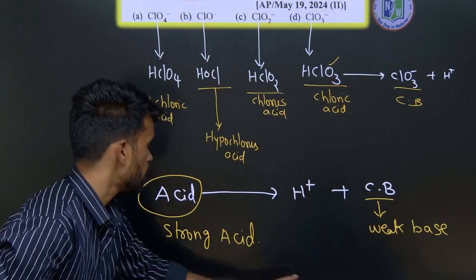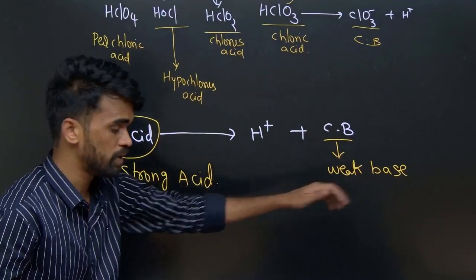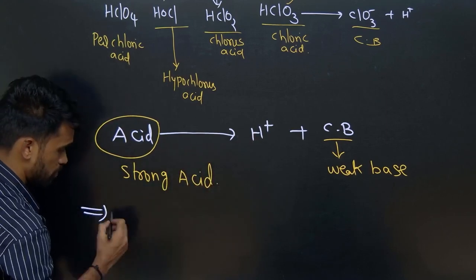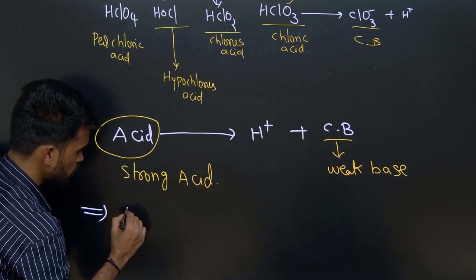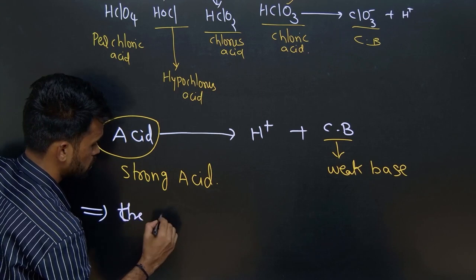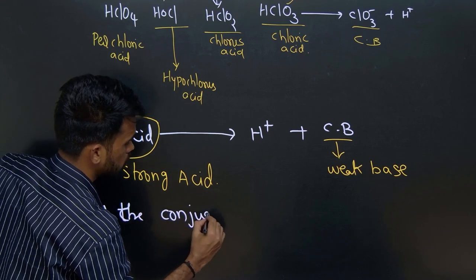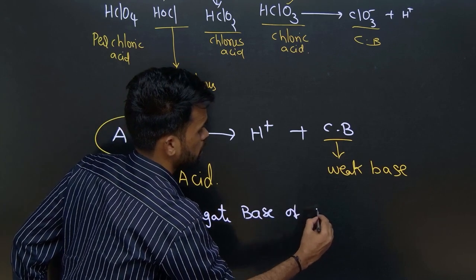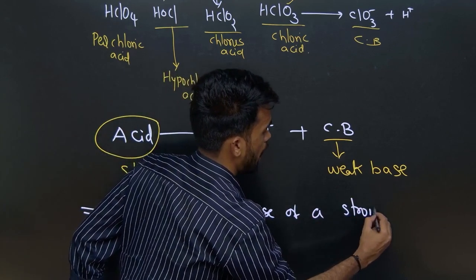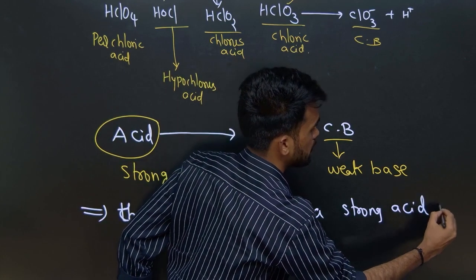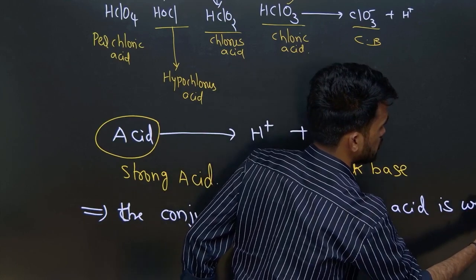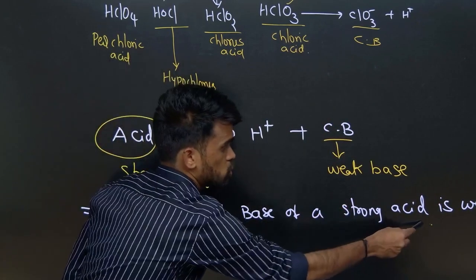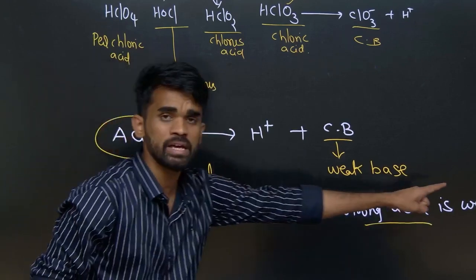For a strong acid, the conjugate base will be weak. So I am making a statement here. It means it is reverse. Like, the conjugate base of a strong acid is weak. If the acid is stronger, its conjugate base will be weak.